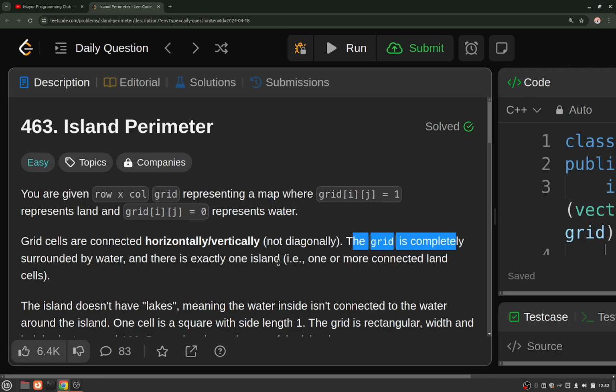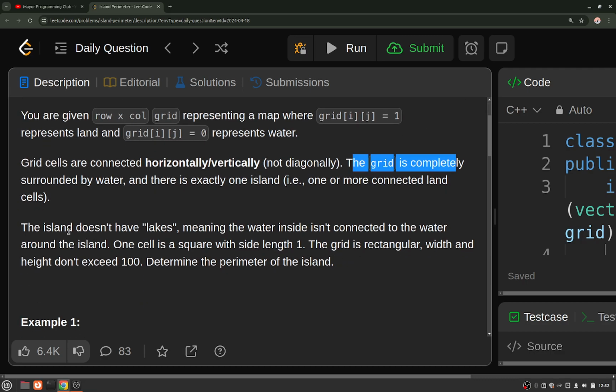It is mentioned that the island does not have any lakes, so you will not have any water body inside the island. Water is only present outside the island, which means that water inside isn't connected to the water around the island.